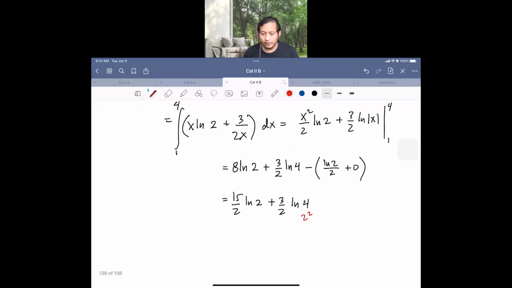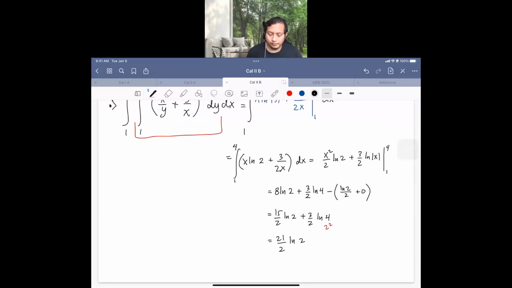So this will be much more simplified, so 3 ln 2, 3 plus 15, this should be 21 over 2 ln 2. Right? Okay. This is the answer.